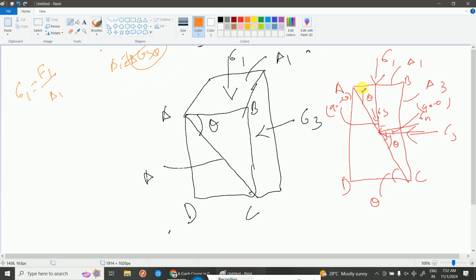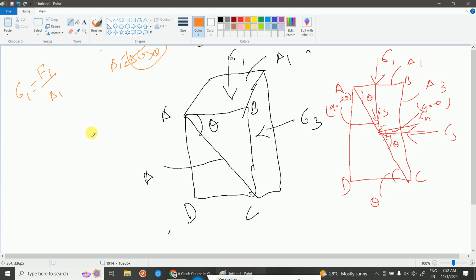With respect to this, this plane is A1, and cos theta is equal to the perpendicular distance upon the hypotenuse. The hypotenuse is AC, which is A, and this is cos theta.